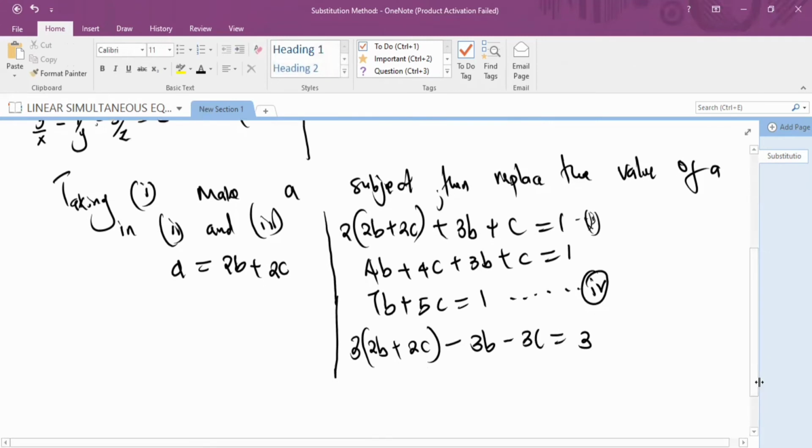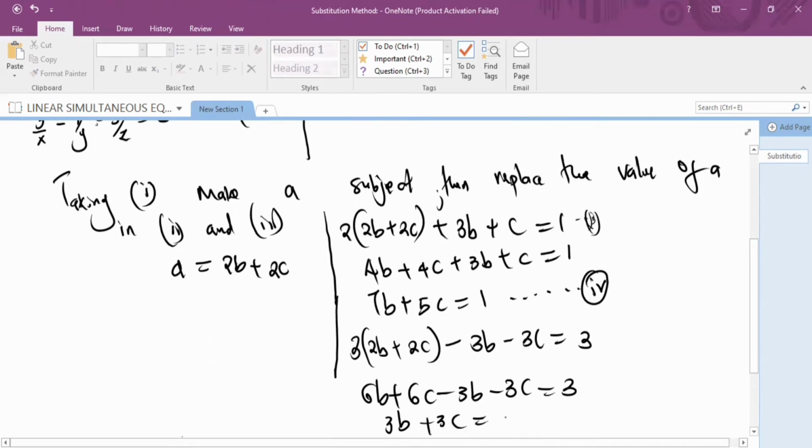Simplifying that, we will have 6B plus 6C minus 3B minus 3C is equal to 3. 6B minus 3B will give 3B. 6C minus 3C will give plus 3C is equal to 3. Let's call whatever we get here equation number 5.